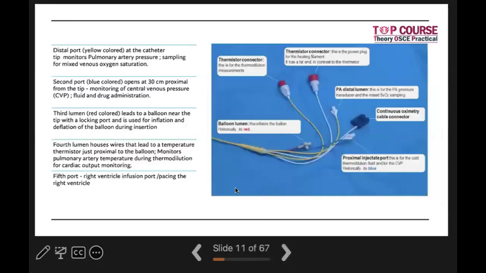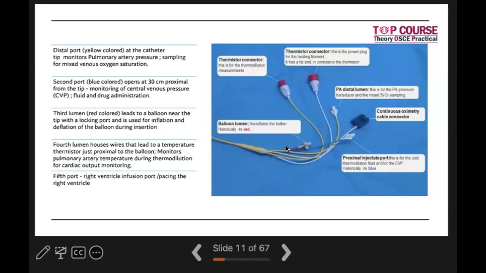Coming to the parts of the pulmonary artery catheter, there is a distal yellow port, which is mainly used for pulmonary artery pressure monitoring and also sampling for mixed venous oxygen saturation. The second is the blue port, which is mainly used for central venous pressure monitoring, and you inject the cold thermodilution saline through this for cardiac output monitoring.